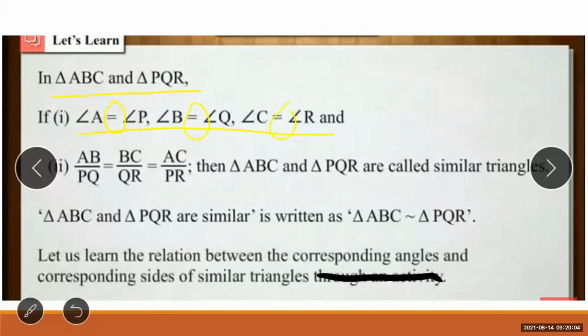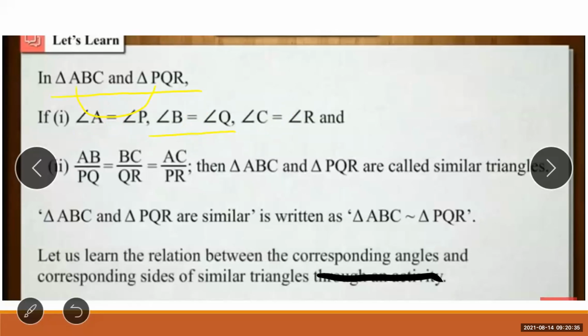Angle A is equal to angle P. Here, first angle with first one, angle A equal to angle P. Likewise, angle B equal to angle Q, angle C equal to angle R, and we can write it like this.